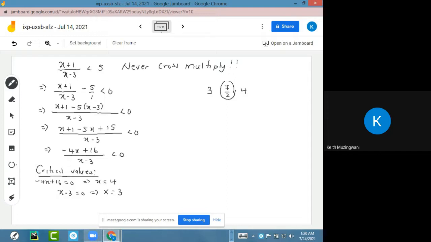Then pick a number bigger than 4, 5, a number less than 3, 0, and then pick the numerator, negative 4x plus 16, the denominator, x minus 3, and then pick everything, negative 4x plus 16 over x minus 3.